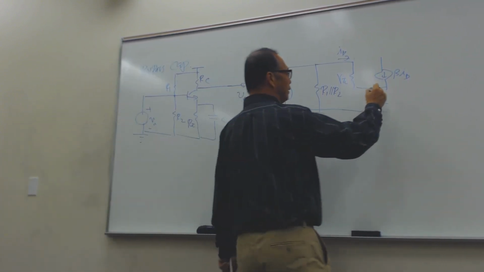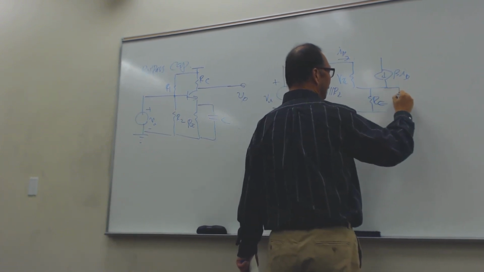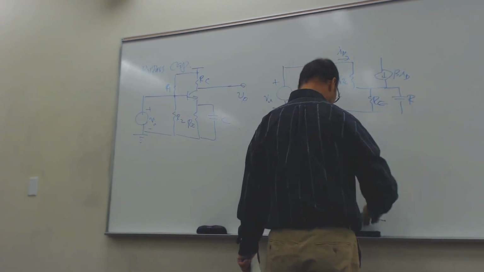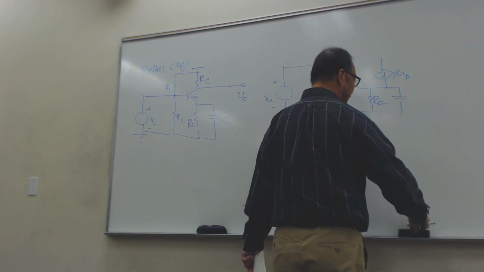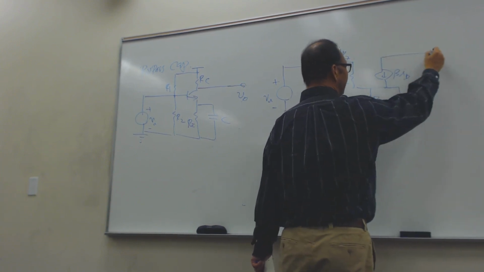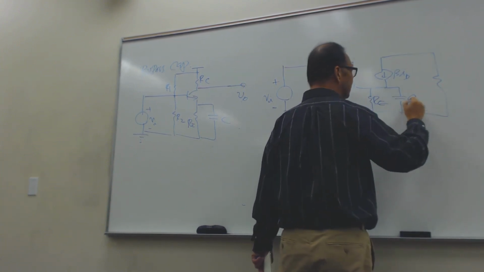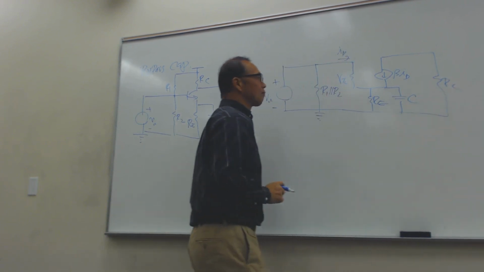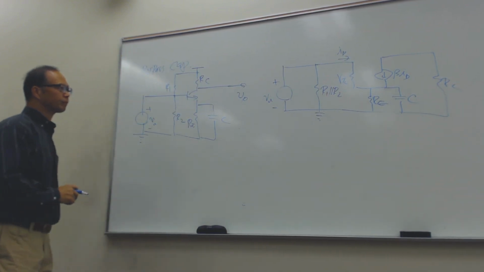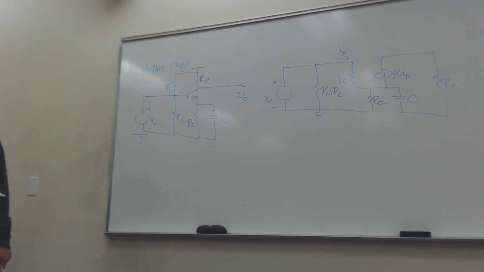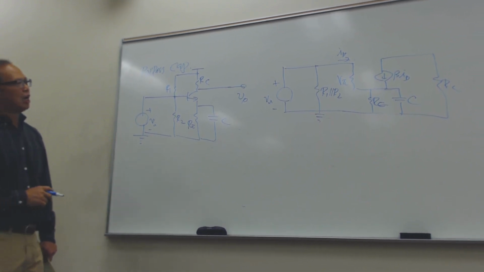And then you have R sub C, right? That's a bypass capacitor. And then this is R sub C to the ground, yes?